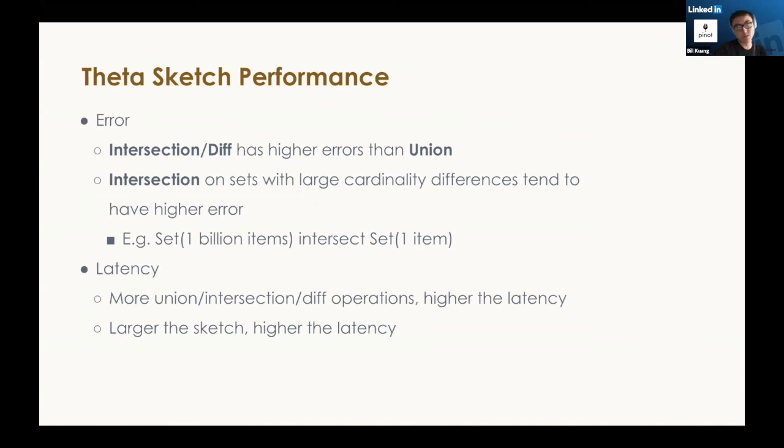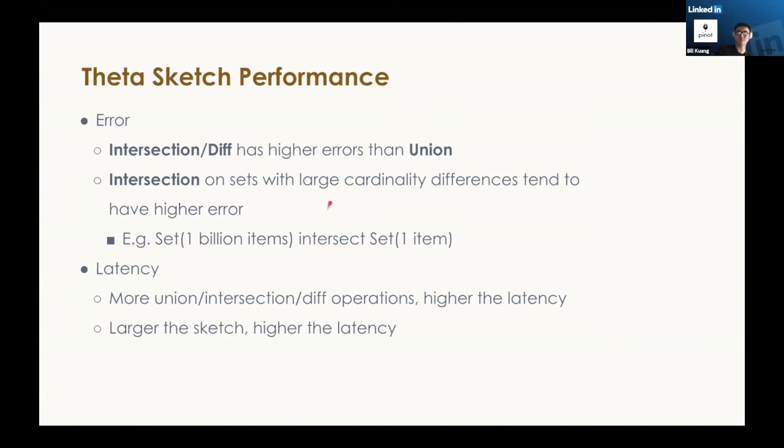Cool. These are the last few slides. I just want to summarize how different queries affect error and latency in Theta Sketch. So I want to talk about errors first. Generally, intersections and diffs have higher errors than union. And intersections with huge cardinality differences, right?